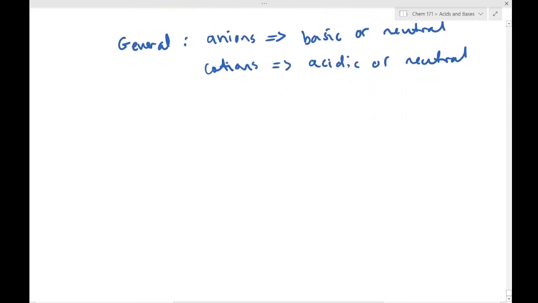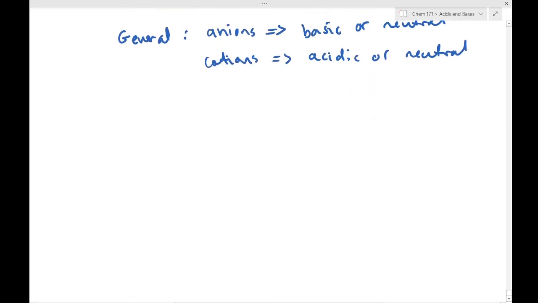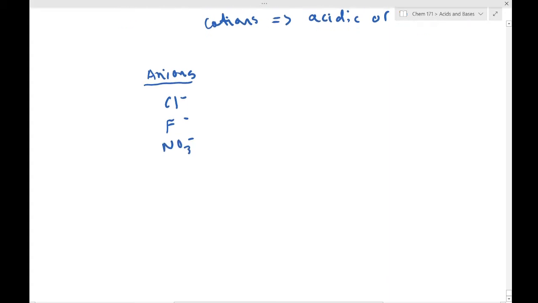Okay, let's look at some examples of common anions that we might encounter. Well, our favorite anion, chloride, right? We have chloride, we have fluoride, we have NO3 minus, nitrate, and CH3COO minus, acetate.